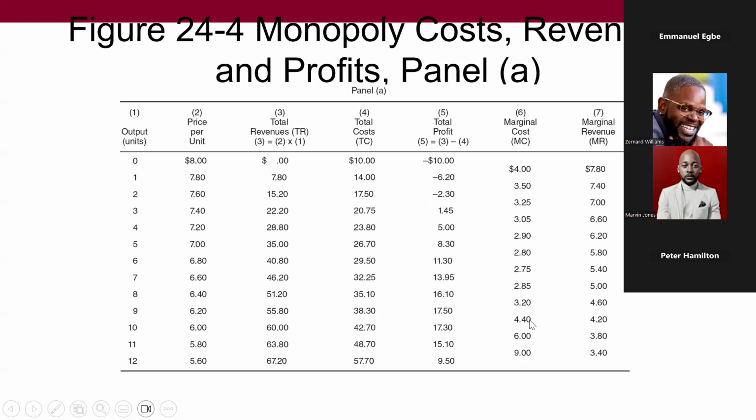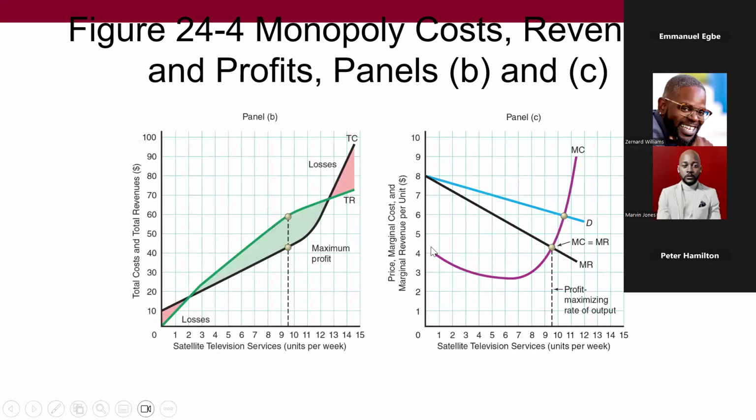But after that, the marginal cost begins to rise. The marginal cost falls and then begins to rise. The monopolist will maximize profit at the point where the marginal cost is equal to the marginal revenue. And so the quantity that maximizes profit is at 9.5 units.